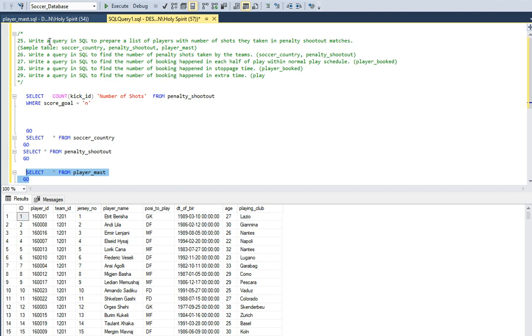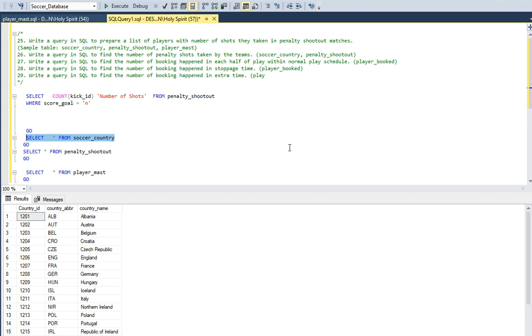So here we need the list. Prepare a list of players. Player name we need, with the number of shots they have taken in penalty shootout matches. This one we need, and his country comes from the soccer country table, and another one is penalty shootout.